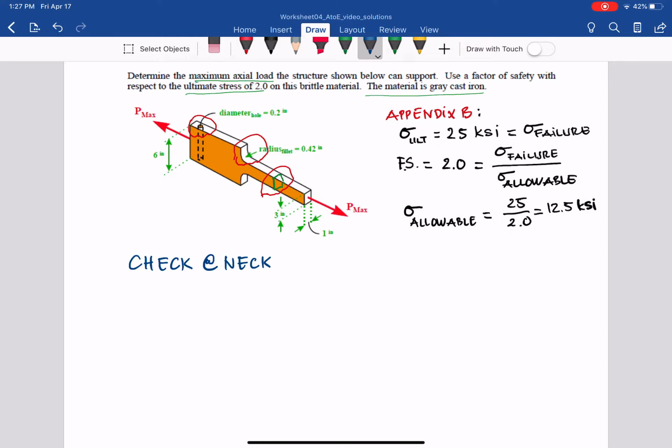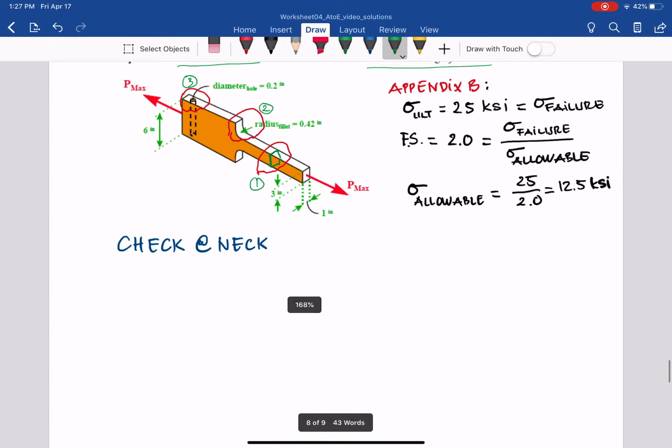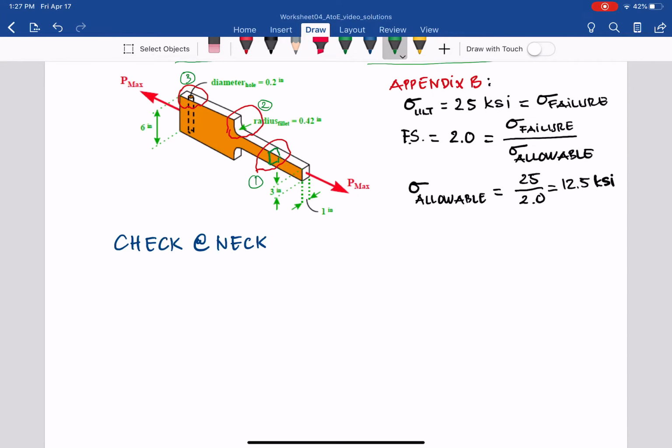Let me mark that position 1. This is position 2 that we want to check, and position 3 that we want to check for this problem.